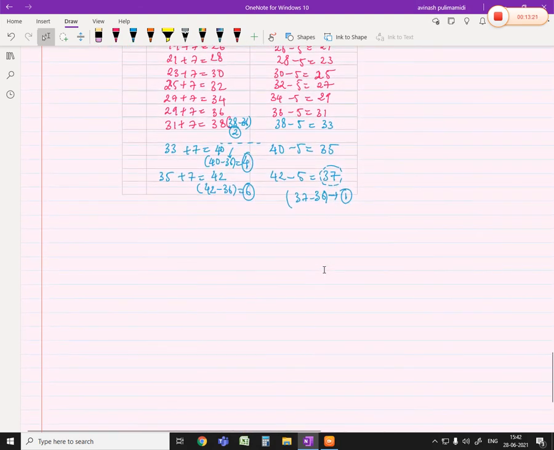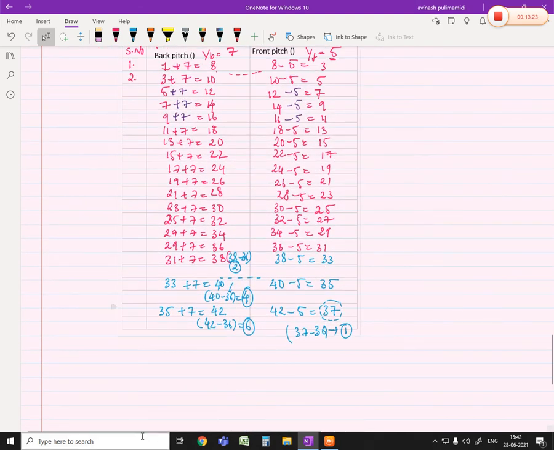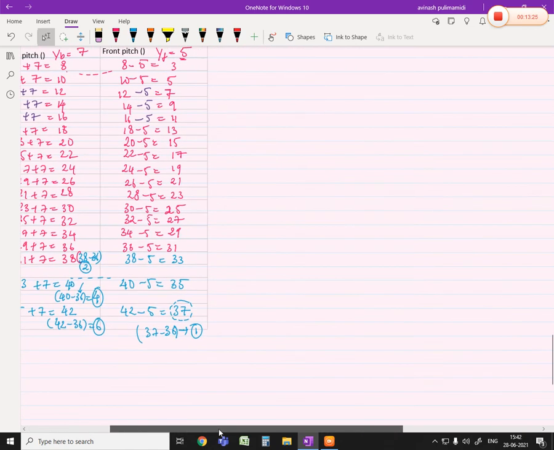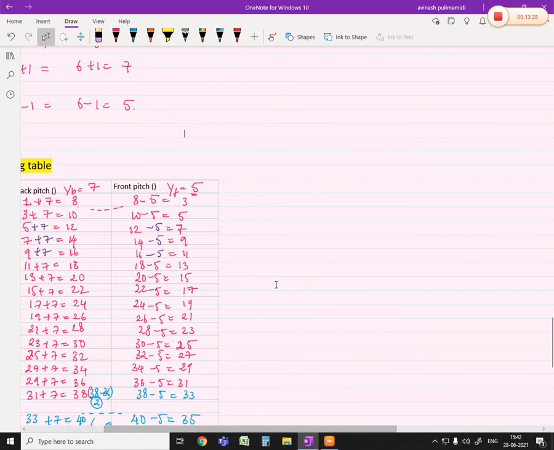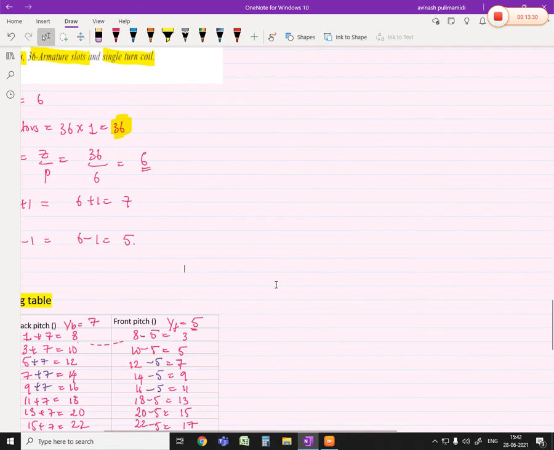Next we will do the winding diagram. How to do the winding diagram? You already know this. So for that reason, how many number of poles we require there? Total number of poles, how much given? It is 6.